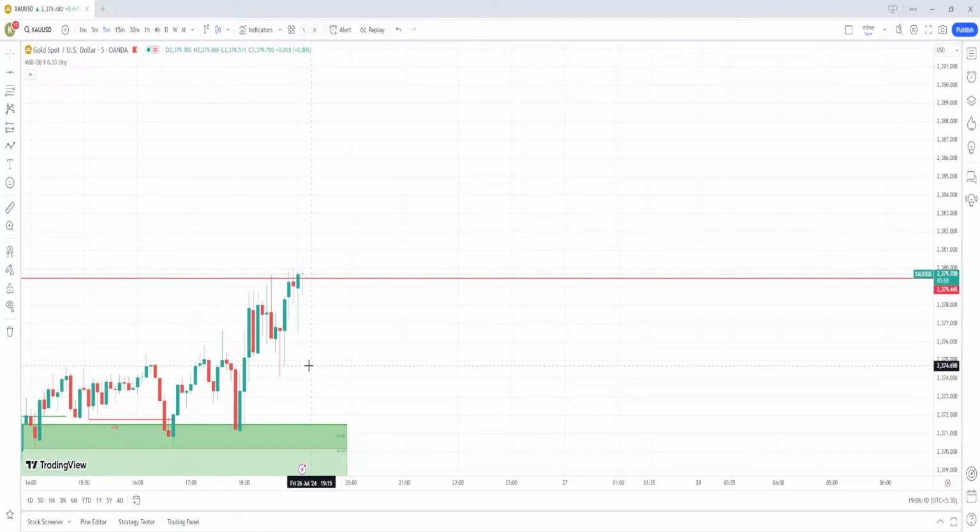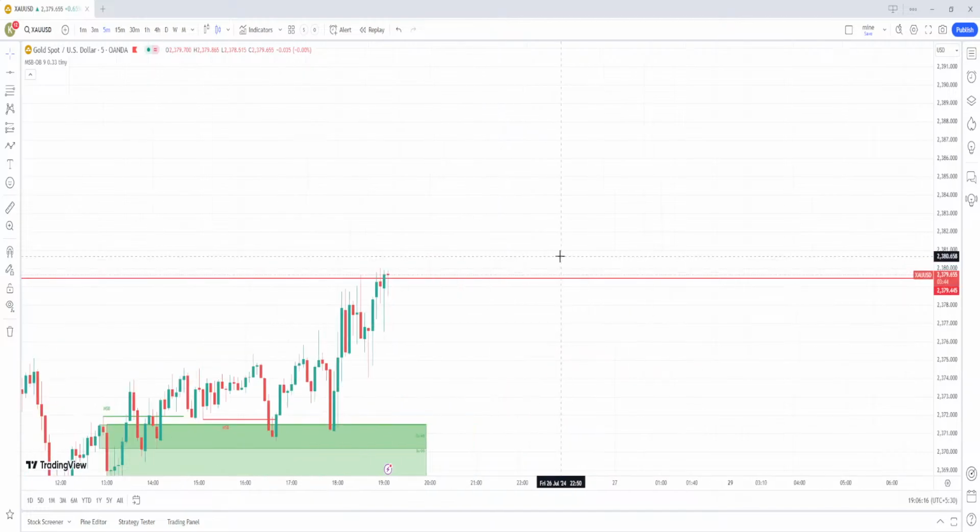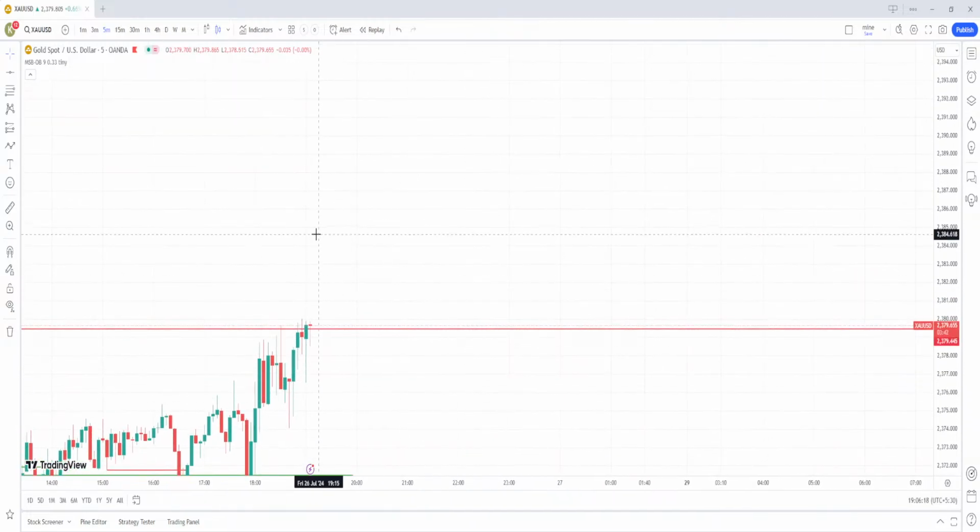There is a break in the level, but the candle has still not closed. Even so, I'm not going to take a trade from the level until it retests from this zone. So we have to wait for a while.